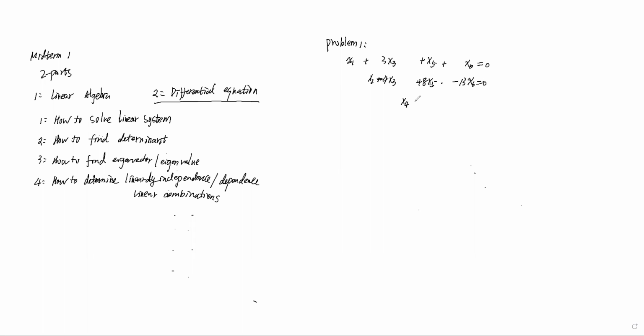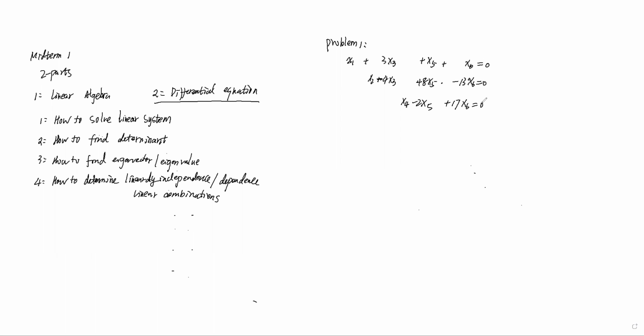Then x4 minus 2x5 plus 16x6 is 17. You can say this is echelon form, so you don't have to do the Gaussian elimination. I don't think this kind of problem will be in the test. Maybe in the test, the problem will be a general equation. You have to first do the Gaussian elimination and convert the matrix into this form, and then you have to know how to write the solution.